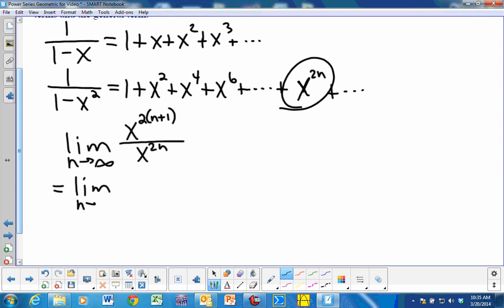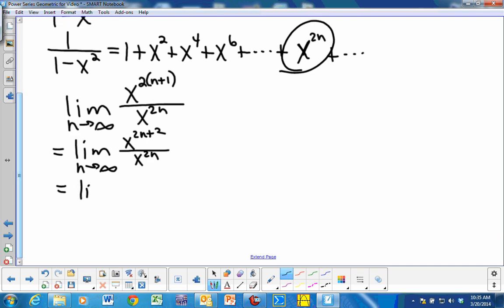Well, that's simply the limit of x to the 2n plus 2 over x to the 2n. Simplifying that, you're just going to get x squared. Because 2n plus 2 minus 2n, you subtract your exponents, you'll just get a 2 left.